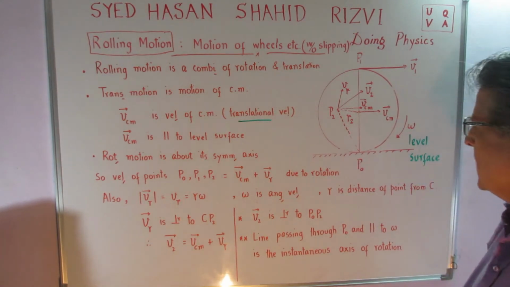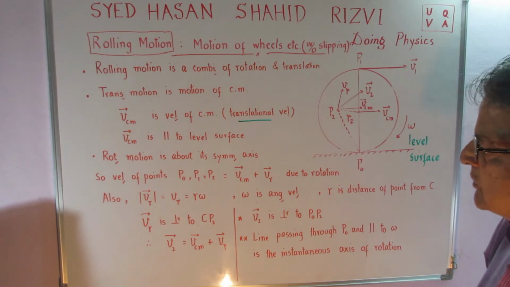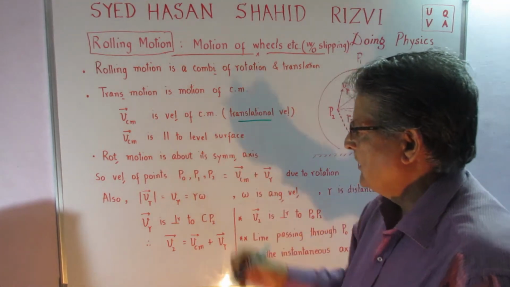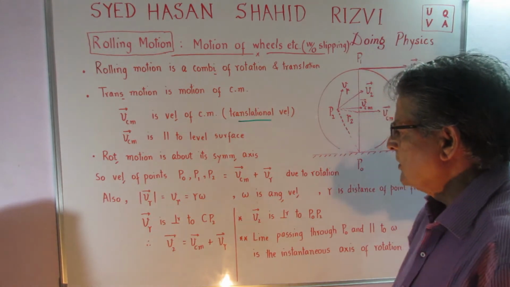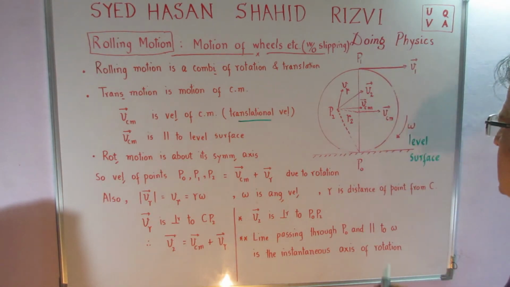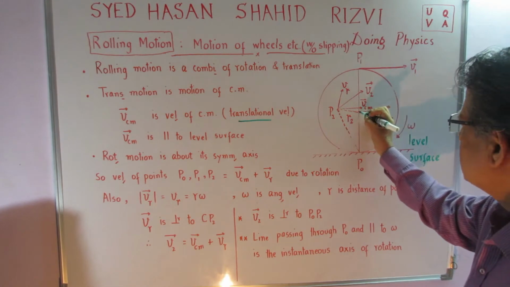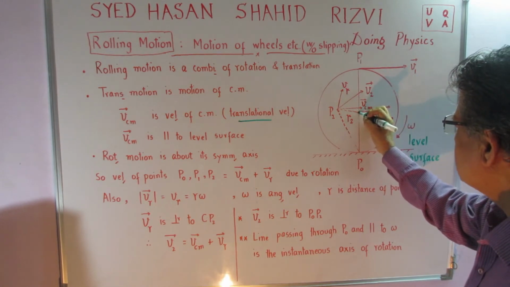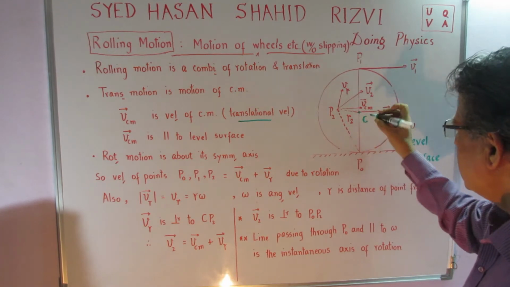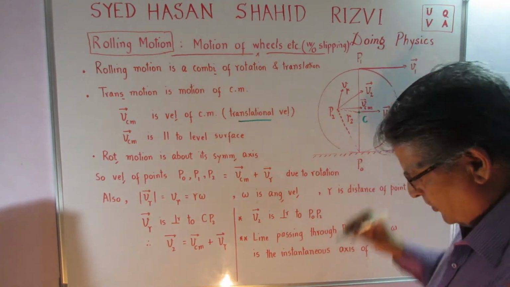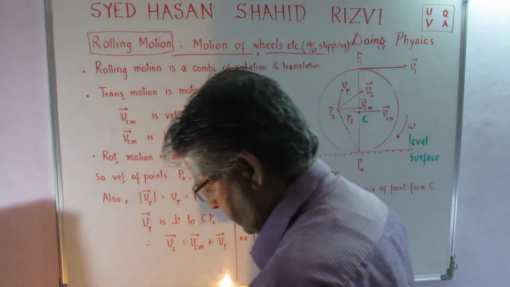So V center of mass is parallel to the level surface, and the rotatory motion is about its symmetric axis. This is the axis over here passing through its center, and of course it is going through the board.